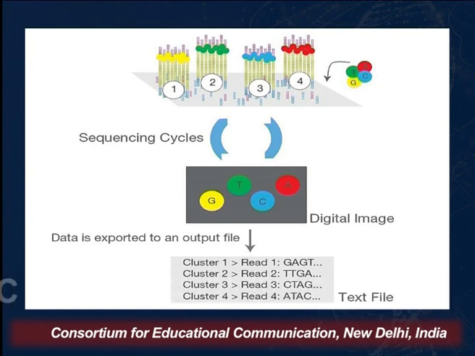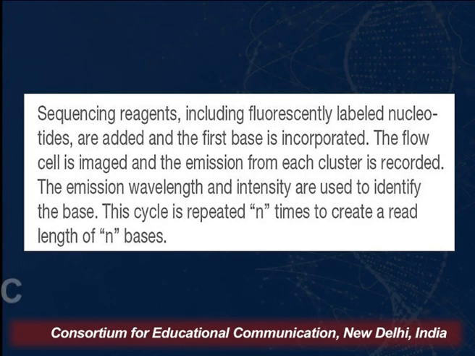This is called deep sequencing, where a particular fragment you keep sequencing again and again, because these are randomly distributed fragments, so they can be read from different places. The same fragment can be read. So this is how the imaging occurs, and then it is changed into a text file.